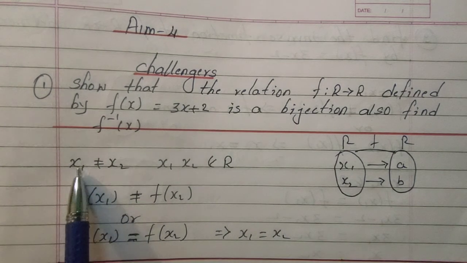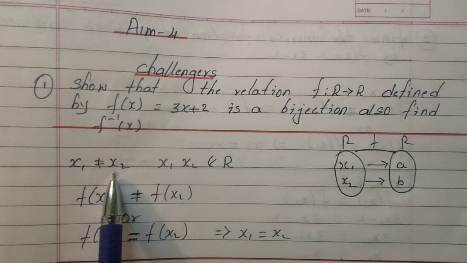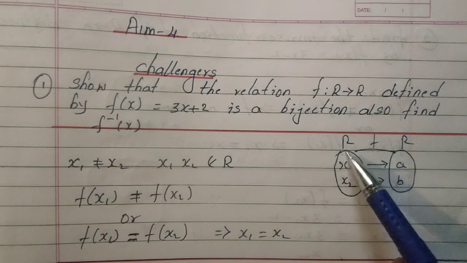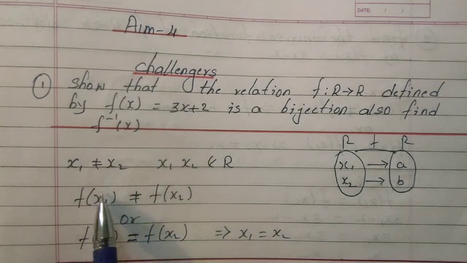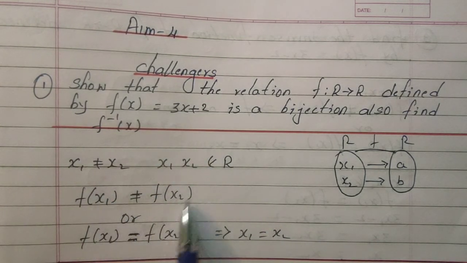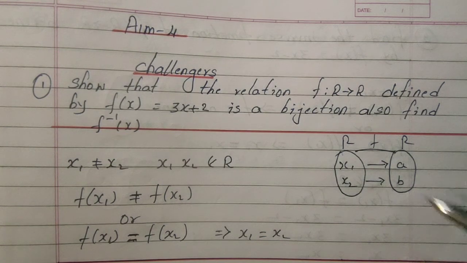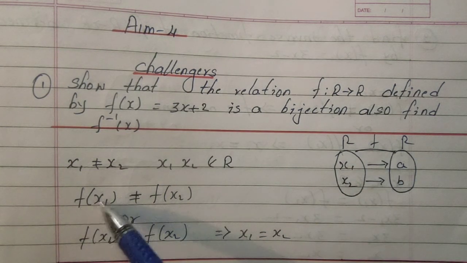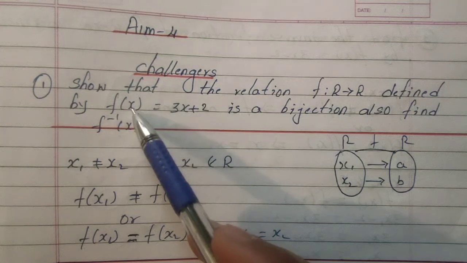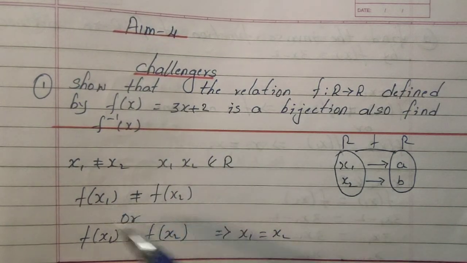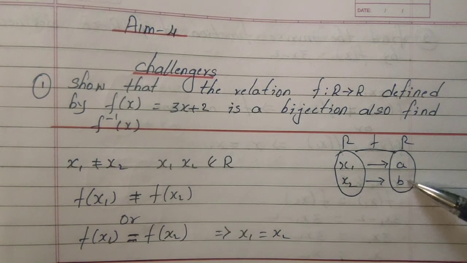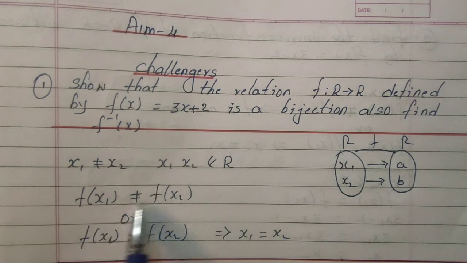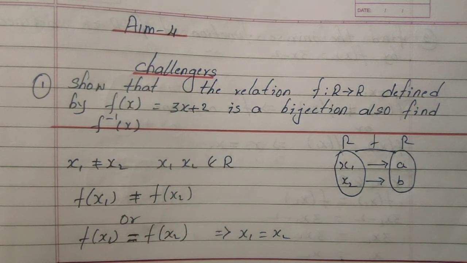If x1 and x2 are different elements of the domain, the values of the function will also be different. F of x1 gives a, f of x2 gives b, so f of x1 is not equal to f of x2.